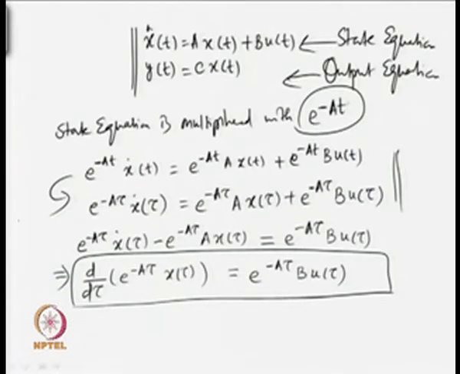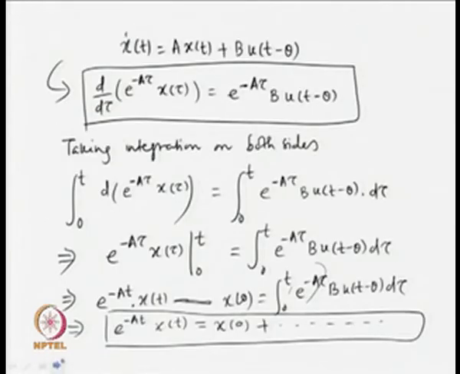It will be okay. This becomes u tau minus theta, no t will be there, tau with the u.